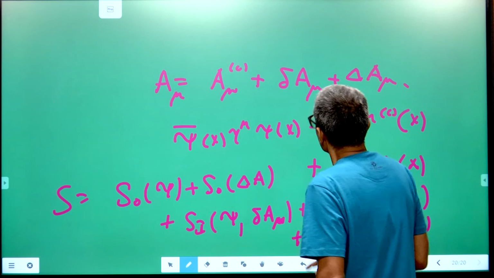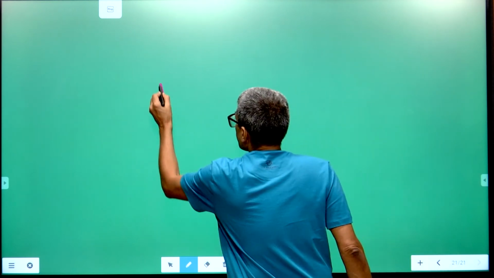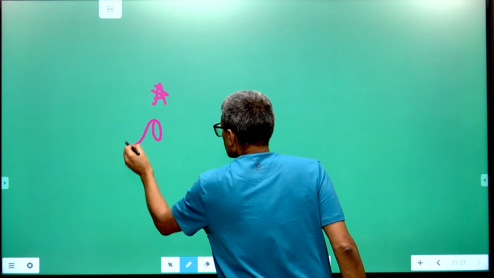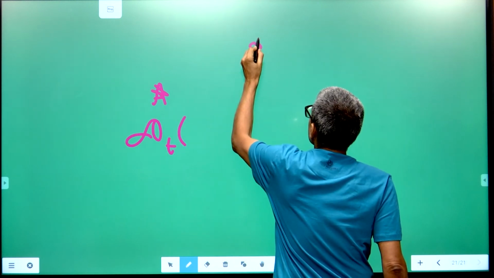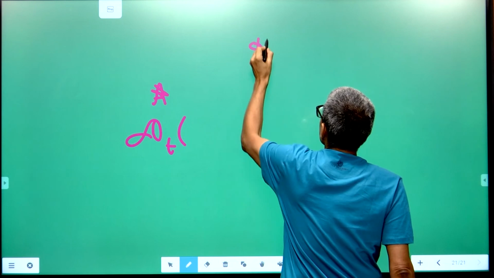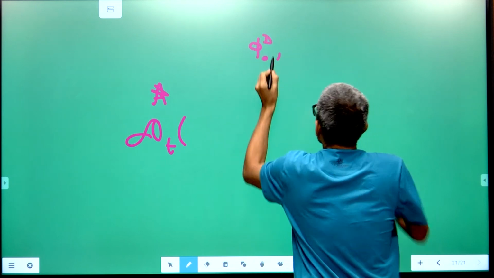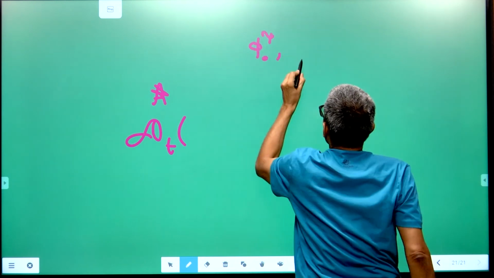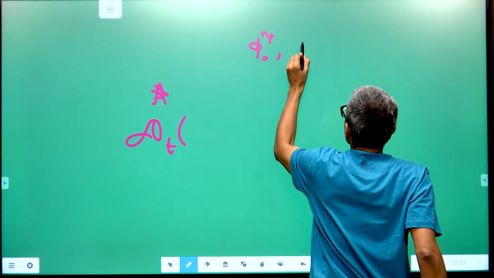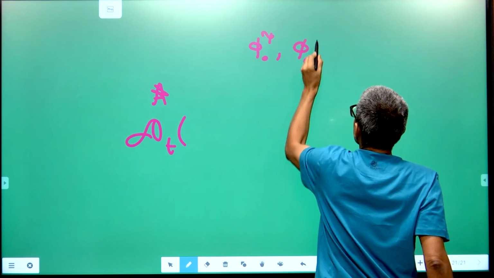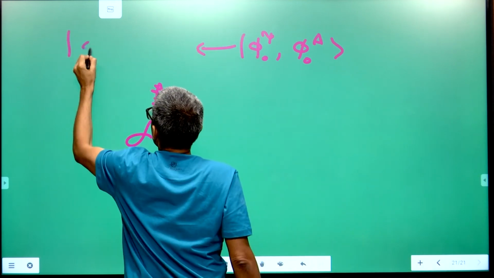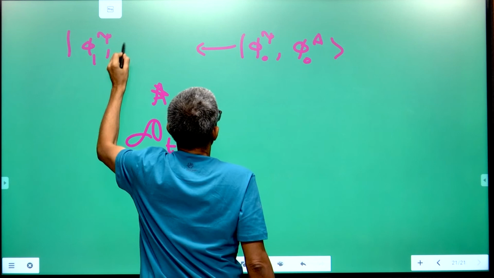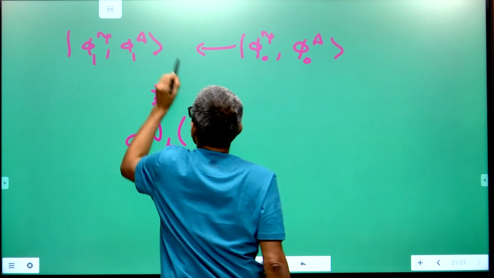So, essentially you are going to compute the transition probability in which, let us say, the initial state is one in which the Dirac field is in the state phi 0 psi, and the photonic field is in the state phi 0 A, and from here it goes to the state phi 1 psi, phi 1 A, makes a transition.